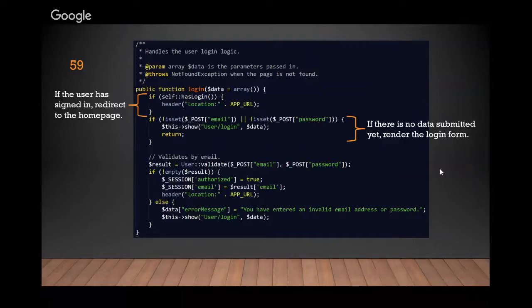So if you validate by email and password, this method will be inside the user class, and the result is actually not a Boolean value, it's an array because it's a row returned by the database. We will see this method as well.